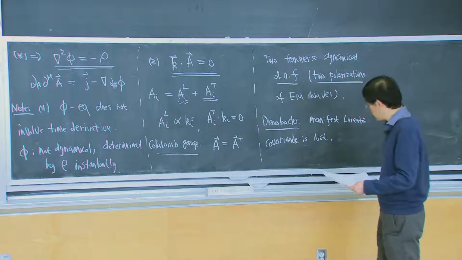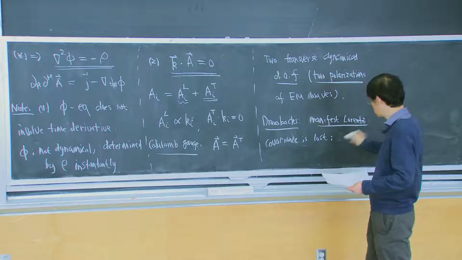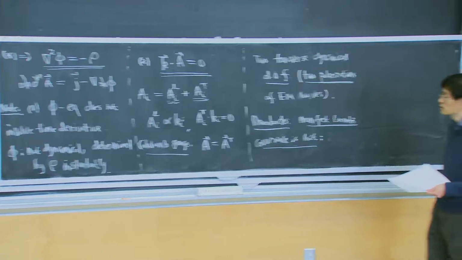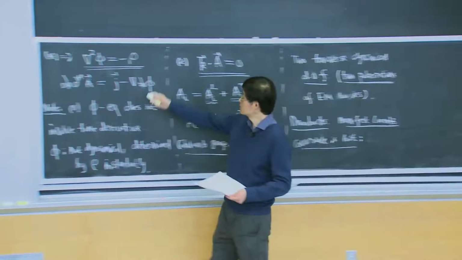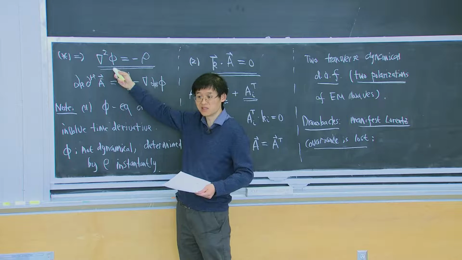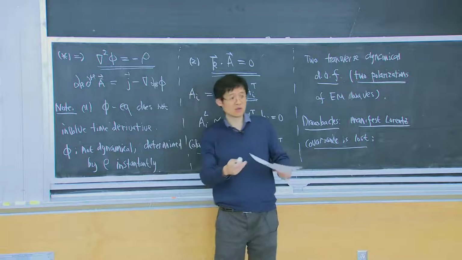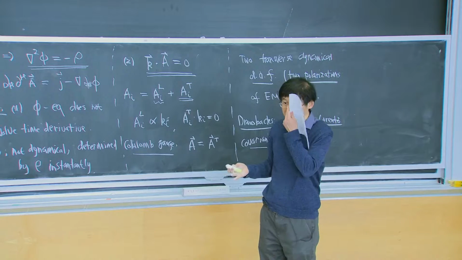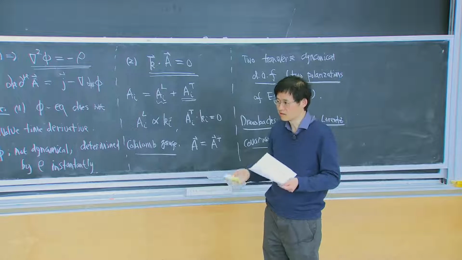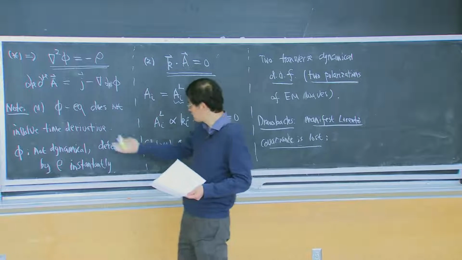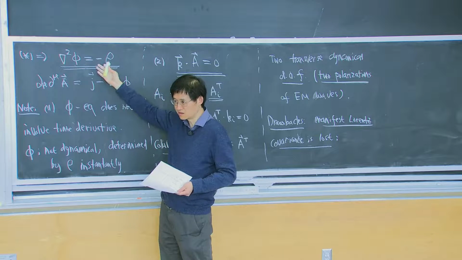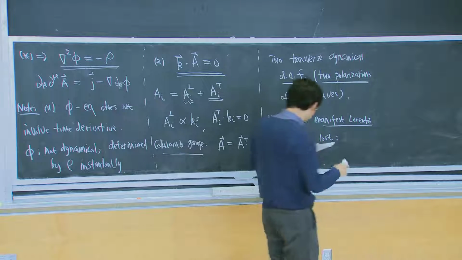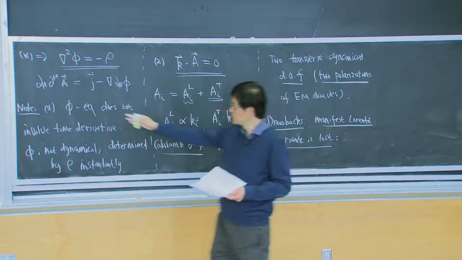One consequence of this loss of manifest Lorentz covariance is that phi is determined instantaneously. We know that in a relativistic theory, everything should propagate no faster than the speed of light, so you cannot have such instant action at a distance. But this implies instant action at a distance, and this is an artifact of the Coulomb gauge.